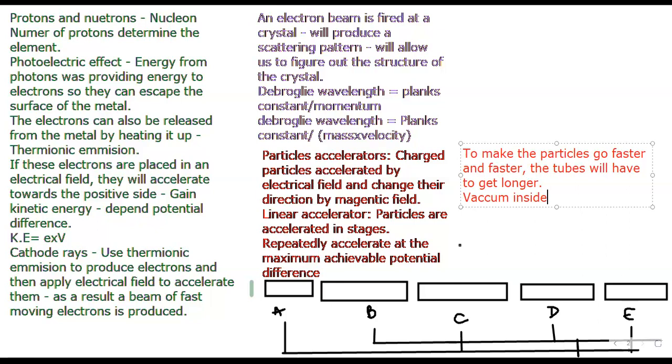So this is how an accelerator works. And we use these accelerators to actually perform collisions. In this topic we are going to be taking a look at fundamental particles.